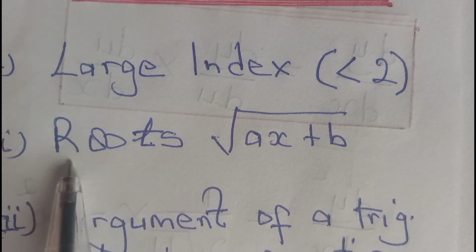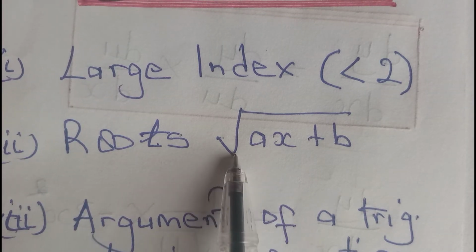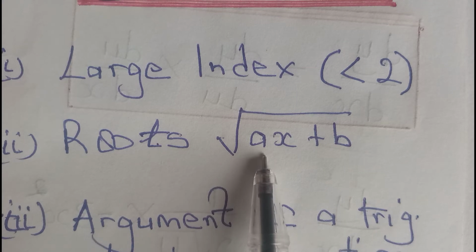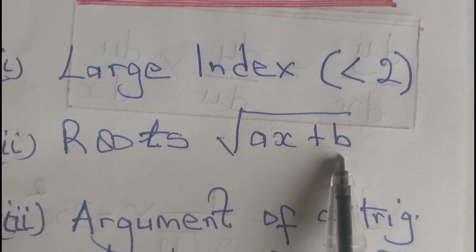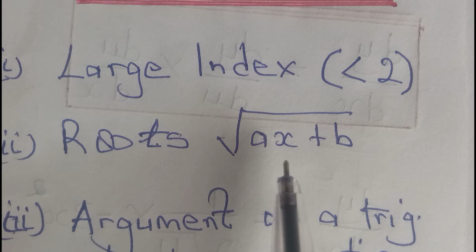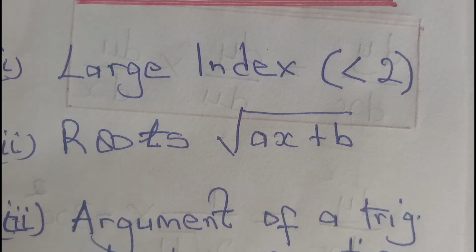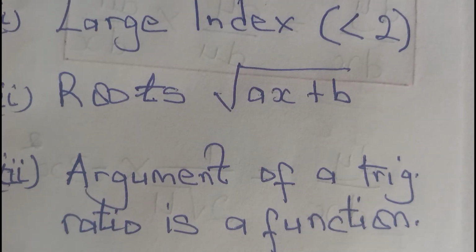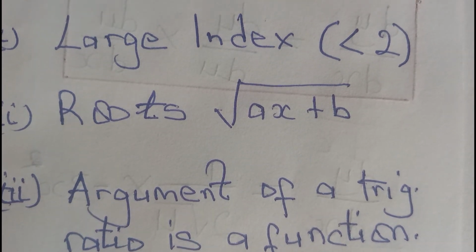Number 2, when the function is enclosed in a root, that is, the function of function is in a square root format like what you are seeing here, then chain rule will be the best approach. If the argument of a trig ratio is also a function, then you can apply chain rule. These are the three conditions under which chain rule is applied.